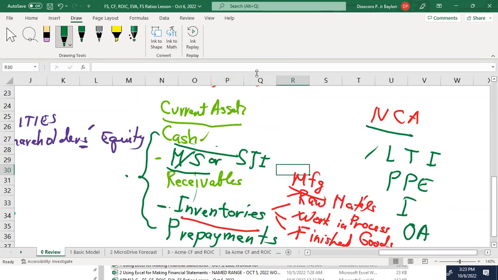Anyone? Okay, this is your long-term investments. I saw this answer a while ago, the PPE, property, plant, and equipment. Others use fixed assets. And this is, what's this, class?